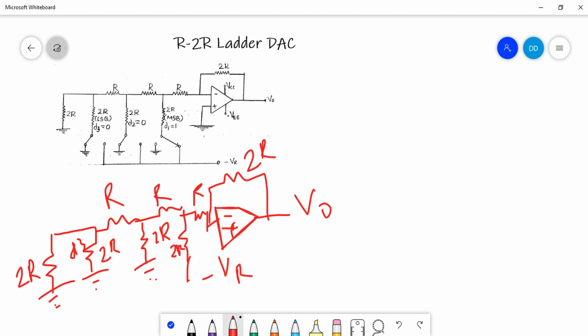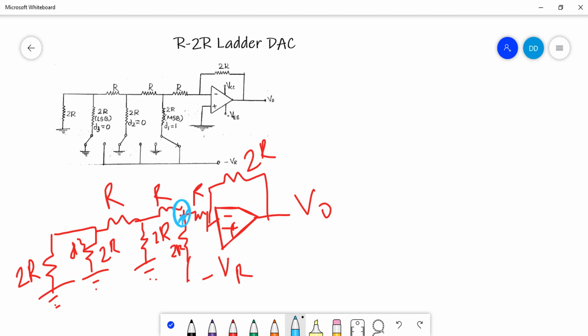To calculate the voltage at this particular node, because the voltage at this point is your input to the op-amp, we need to find the voltage at this particular point. For that, we first find the equivalent resistance.